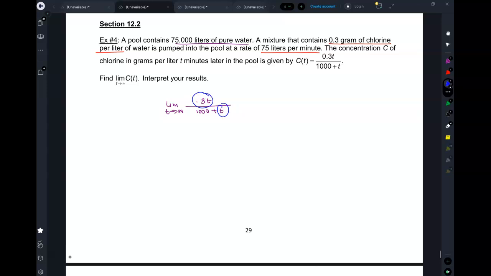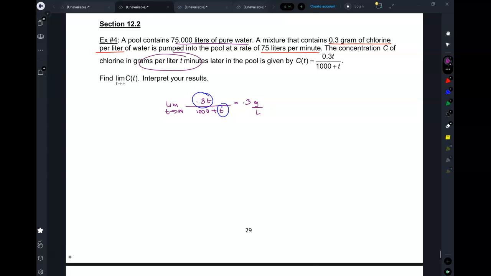Now you've got a pool and chlorine, but the way to find the limit at infinity does not change, because the math cannot change. So this will be how much? 0.3. And it's actually grams per liter, because that's the unit there.